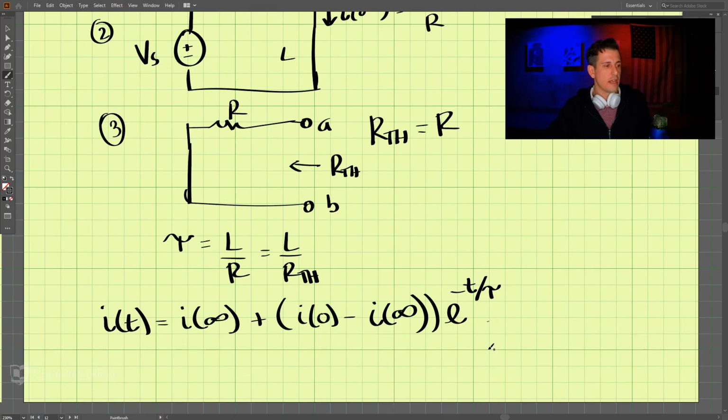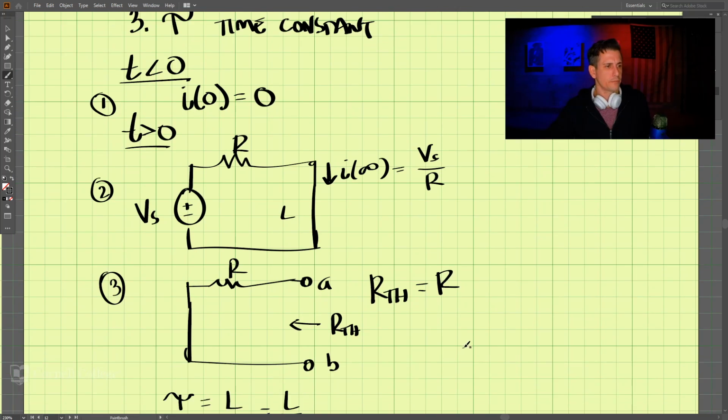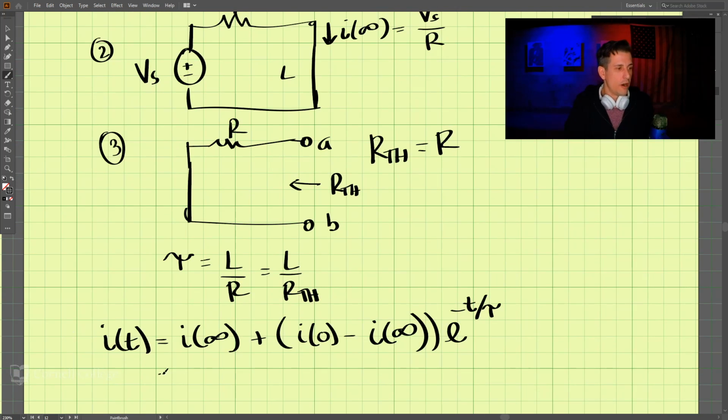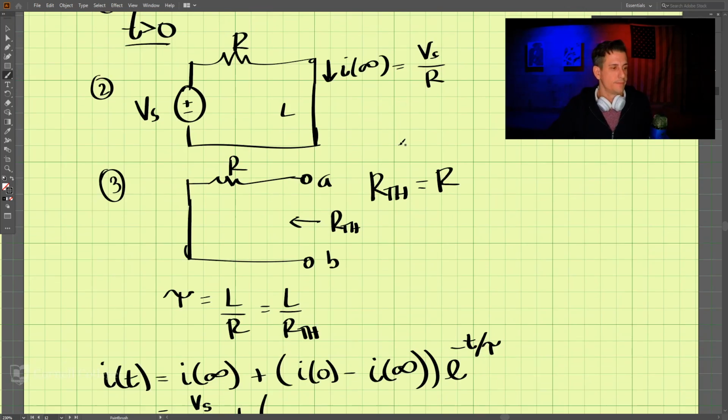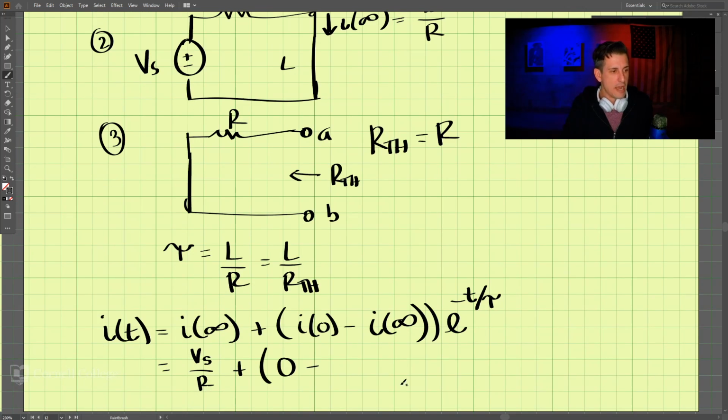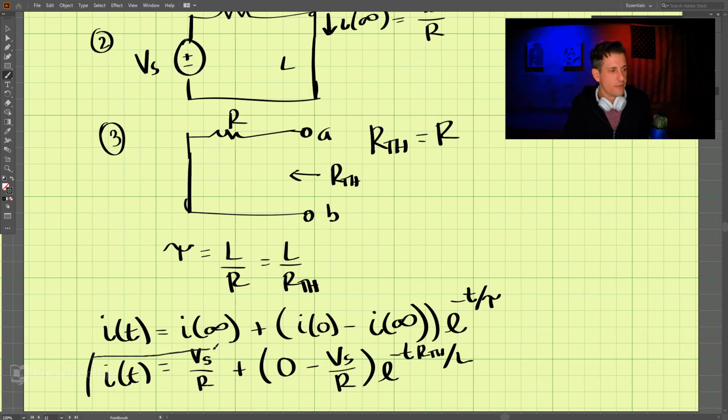If we plug in everything we found up here, we have I infinity, which is Vs over R, plus I of 0, which we said was 0, minus Vs over R, times e to the negative t times R Thevenin divided by L. So this is our current as a function of t.